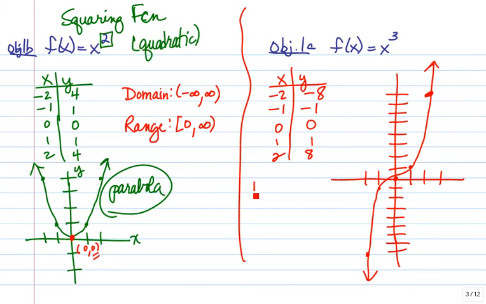The domain and range of this function are, what do you think? In the left to right direction, it goes on indefinitely, so that would be from negative infinity to infinity. The range, also from bottom up, extends indefinitely from negative infinity to infinity.